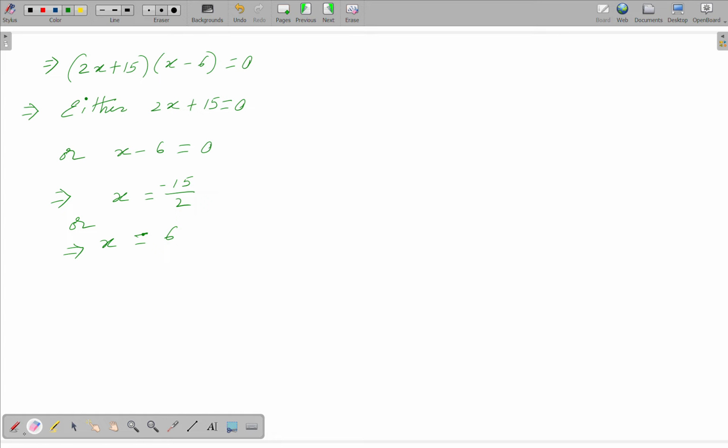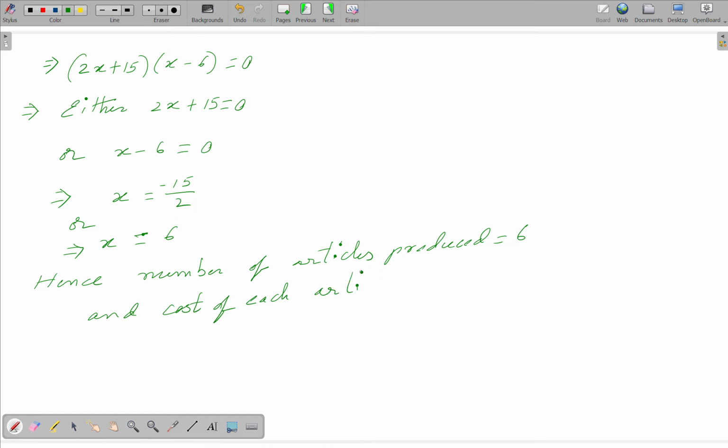Hence, the number of articles produced is equal to 6, and the cost of each article is equal to 2x plus 3, that is 2 into 6 plus 3 is equal to 15.